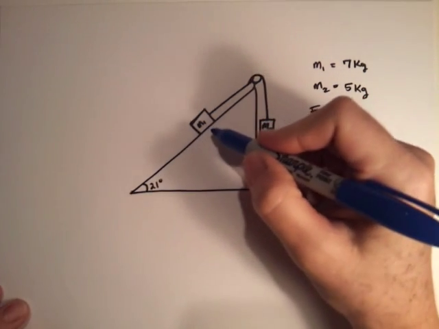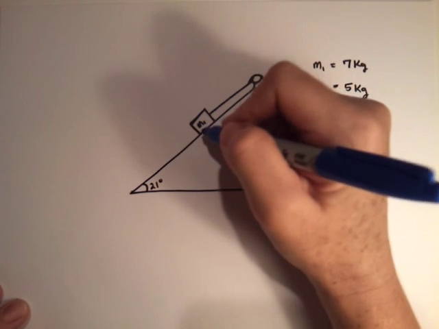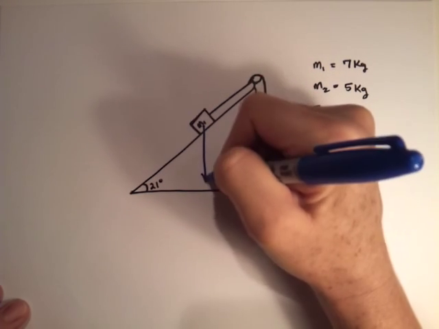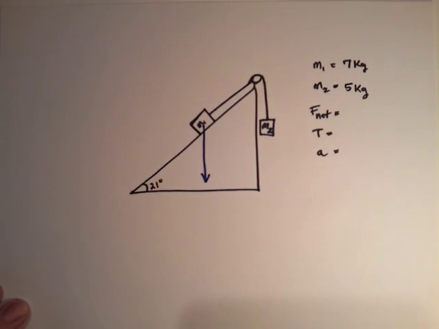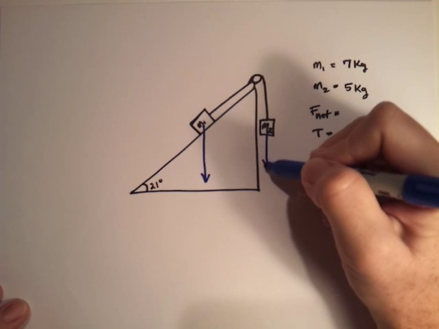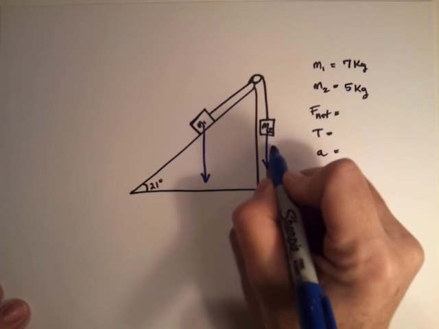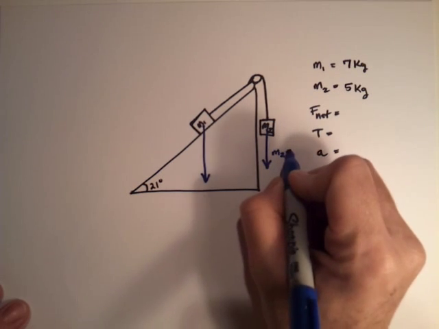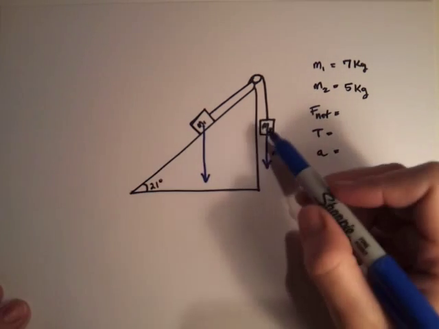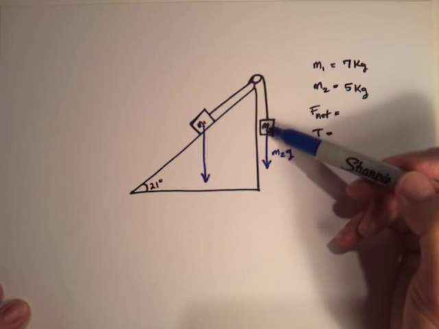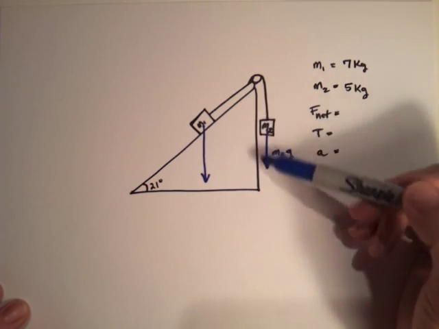So I always go for my weight first, or my force of gravity first. So that's that value. And I'm going to say this one is about like that. I'm going to label this one as M2G, because it's mass 2 times just the acceleration due to gravity, because there is nothing to break down into components.